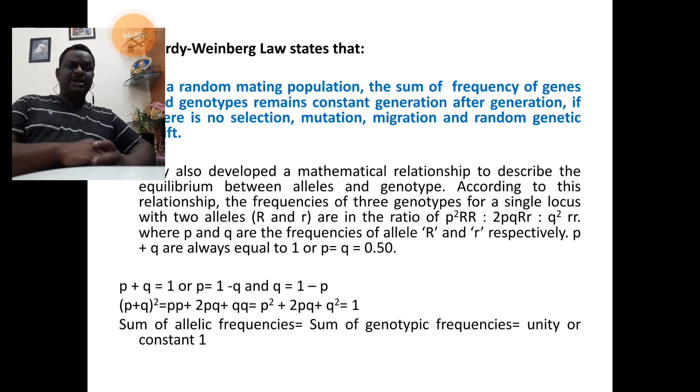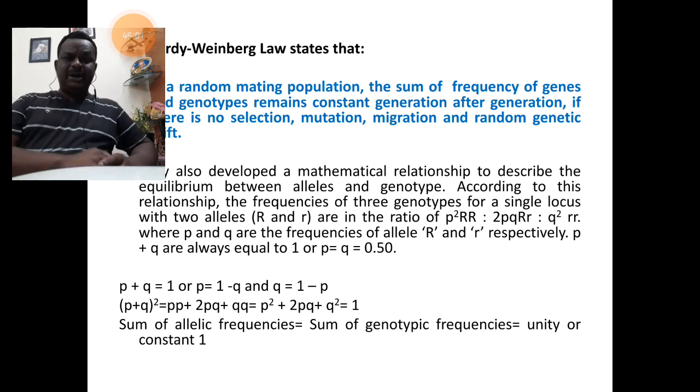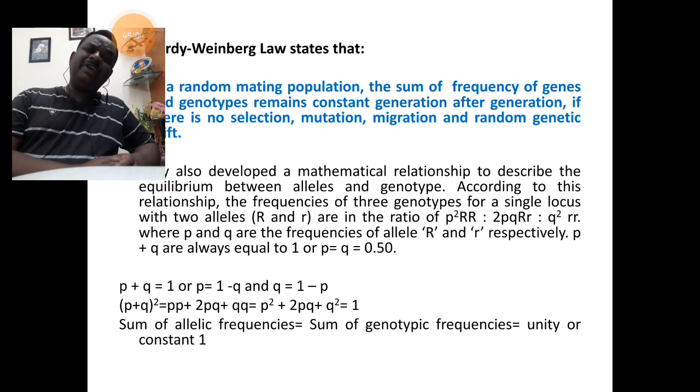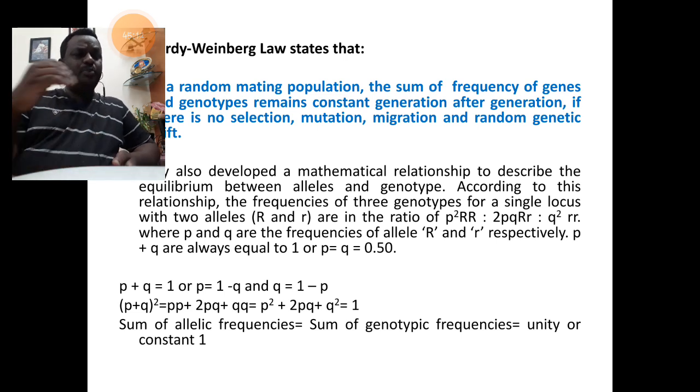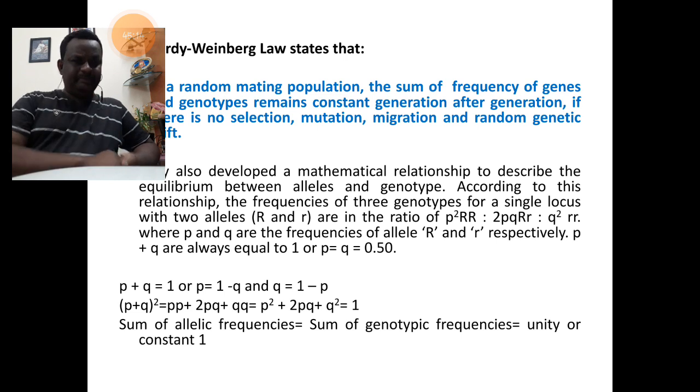Of the 100 number, the allelic frequency of P, when we look at it, is 0.5, as we have learned in the previous slide. Q is also 0.5. So P plus Q is equal to 1.